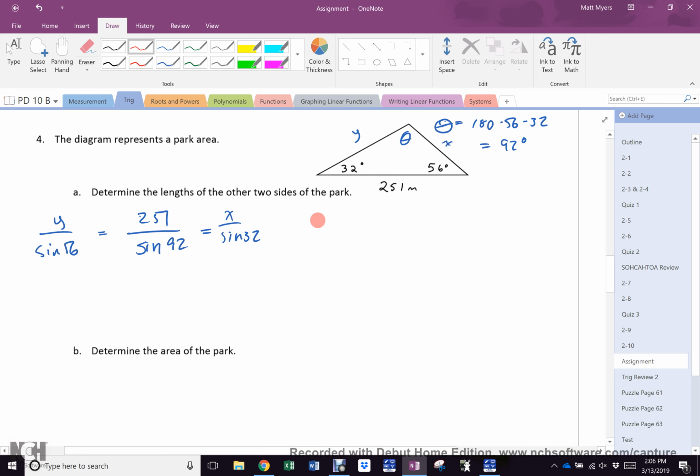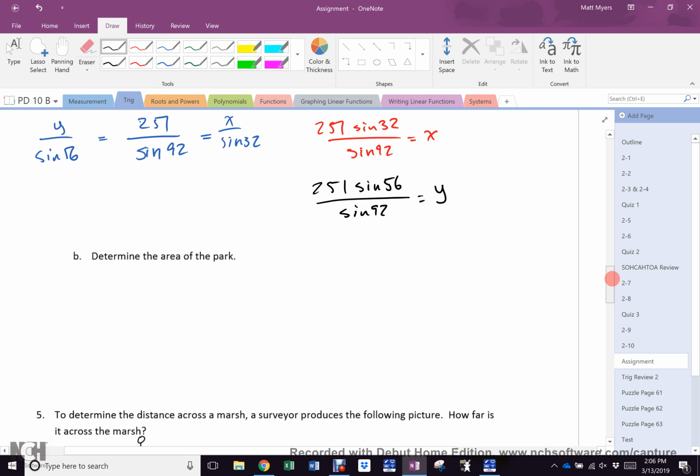So the first one, 251 sine 32 over sine 92 equals x, and 251 sine 56 over sine 92 equals y. Then you will tell me the answers.